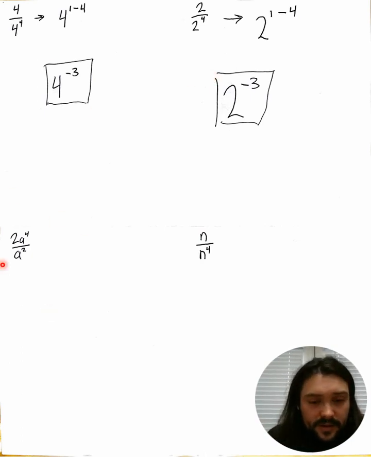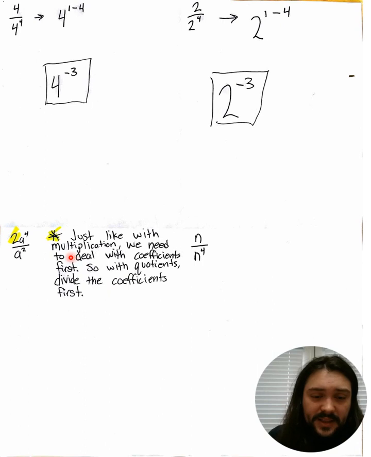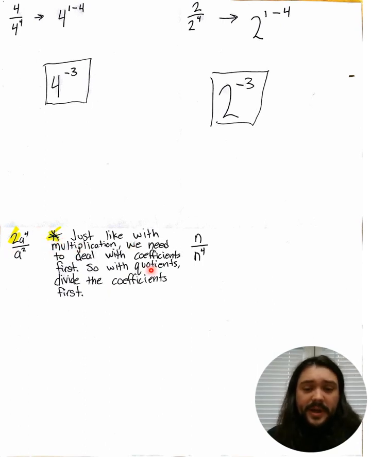All right, looking at the next one, this time we have 2a to the fourth over a squared, or a to the second power. Okay, notice there's a little bit different right here. Just like with multiplication, we need to deal with the coefficients first. So this 2 in front of the a to the fourth is one of our coefficients.